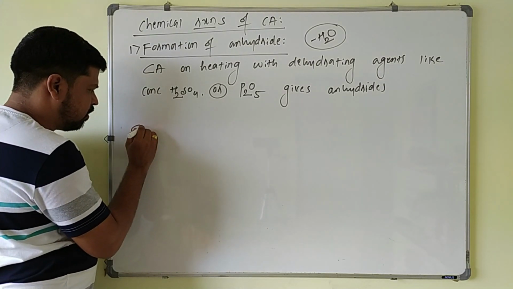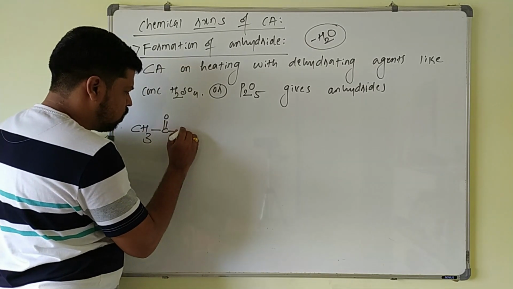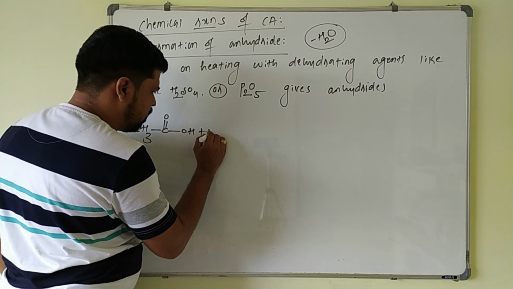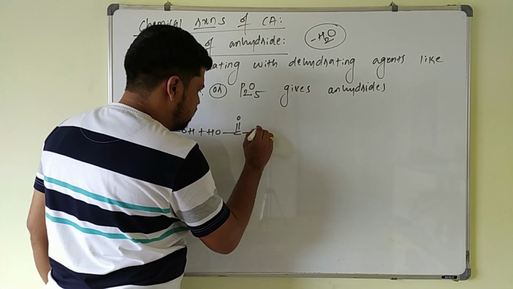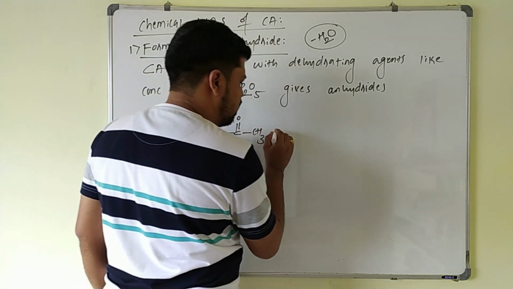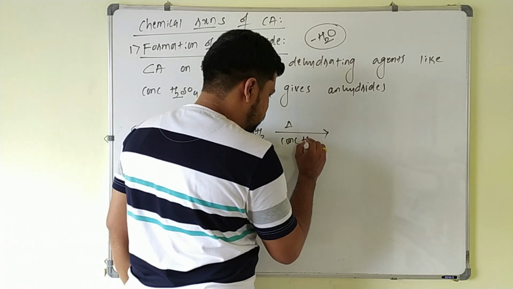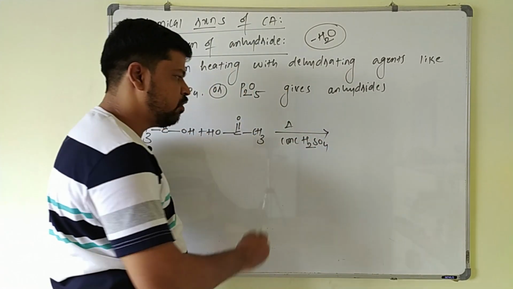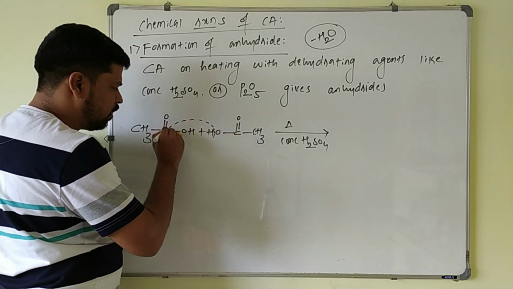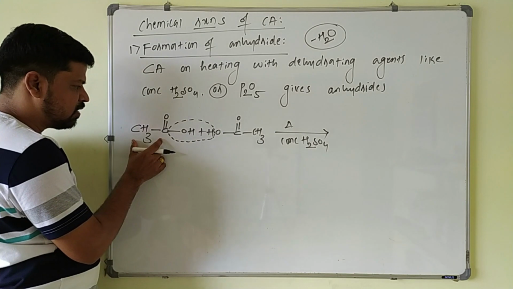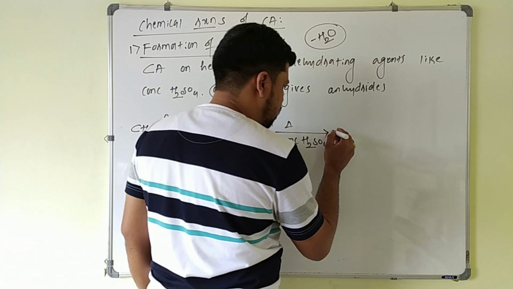Here if I take ethanoic acid, CH3 C double bond O OH, plus another mole of ethanoic acid, CH3COOH. This on heating with concentrated H2SO4, or here you can use P2O5 also, just one water molecule is removed between the 2 moles of acid, so that this acyl group is directly connected to this one, so that there is a formation of anhydride.